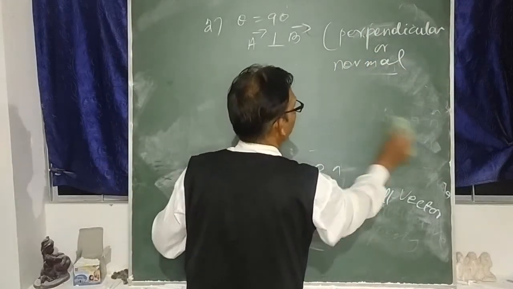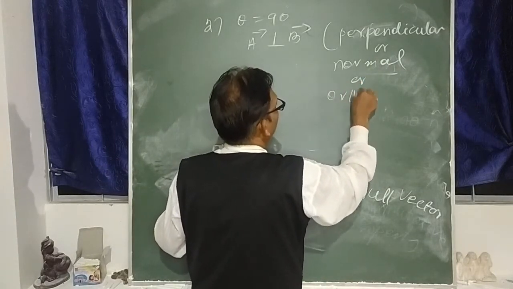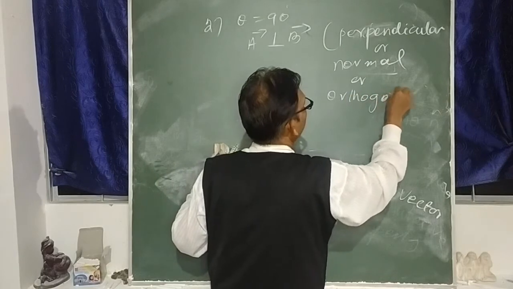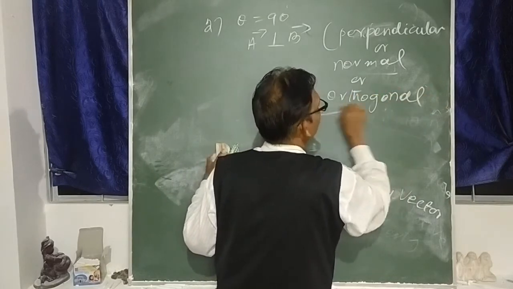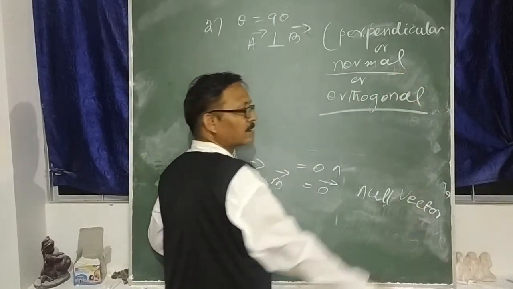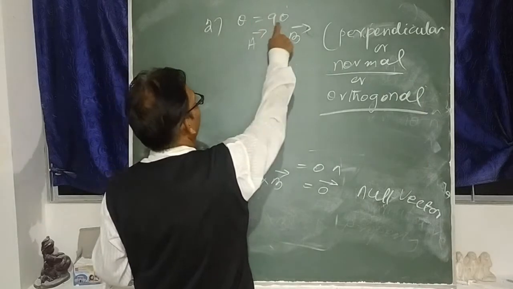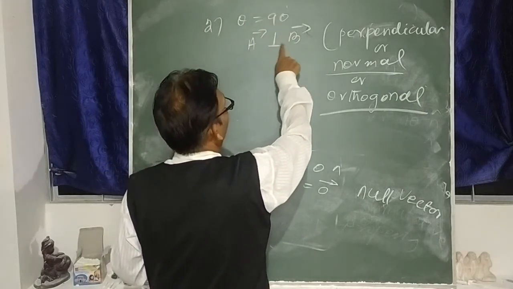The name is the same. Orthogonal means angle is 90 degrees, perpendicular. Normal means angle is 90 degrees, perpendicular. So theta equal to 90, A perpendicular to B.